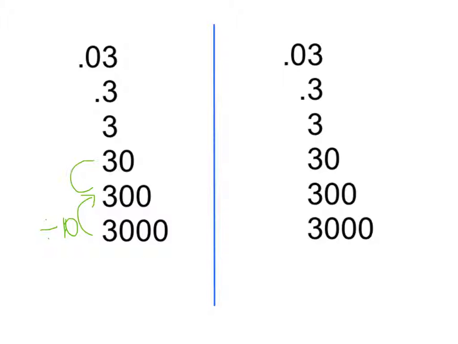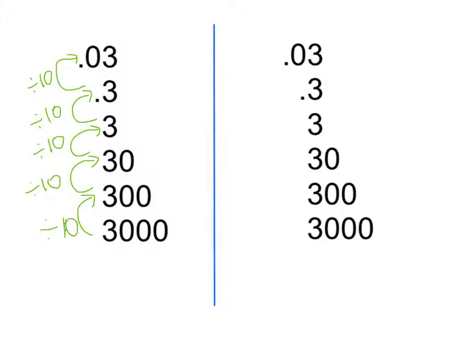When we go from 300 to 30, we're also dividing by 10. Let's see if the pattern holds true all the way. 30 divided by 10 is 3. 3 divided by 10 is 3/10. And 3/10 divided by 10 is 3/100.